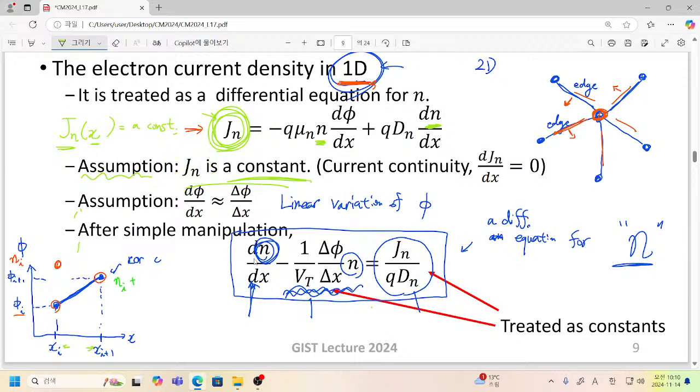We wanted to have Jn as a constant, independent of the segment position. Once you apply this assumption, the remaining calculation or manipulation can be done almost automatically. The important thing is the assertion that Jn should be constant over our segment of interest. That is the key assertion.